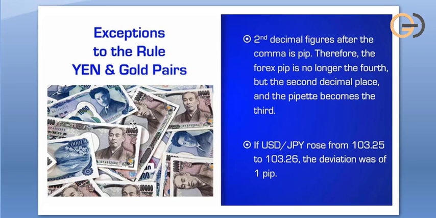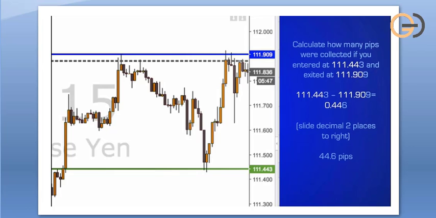The Japanese yen's price rate is in 2 decimal places, unlike the other prices. So a typical chart of the Japanese yen, for example the USD/JPY, has 3 decimal places of price action. When we're evaluating to get the number of pip movement, we use 2 decimal places to the right.